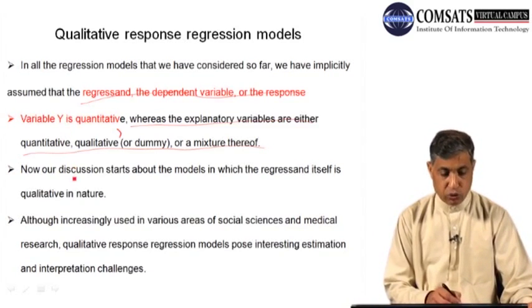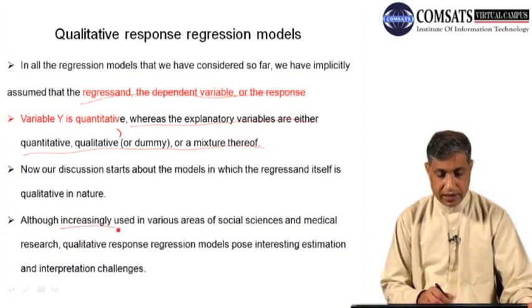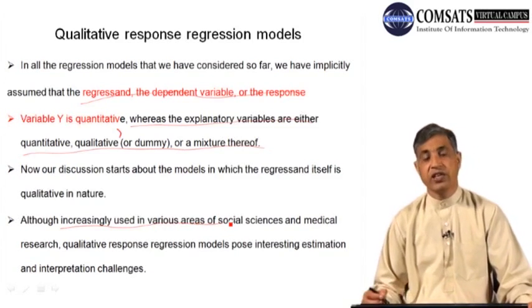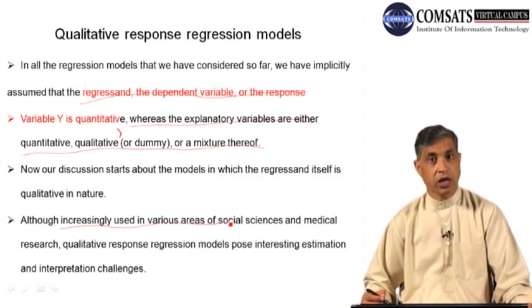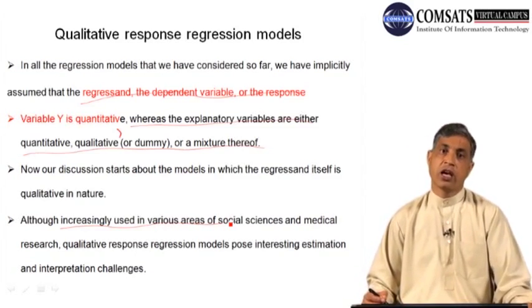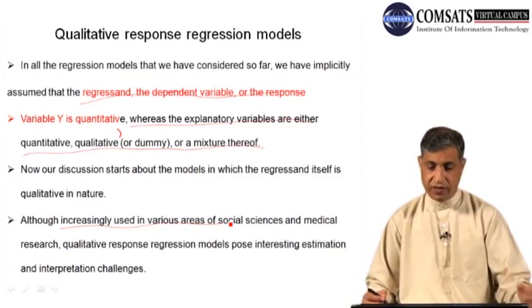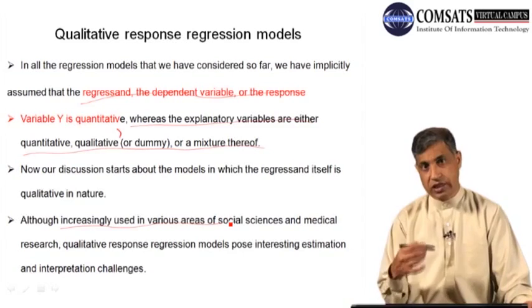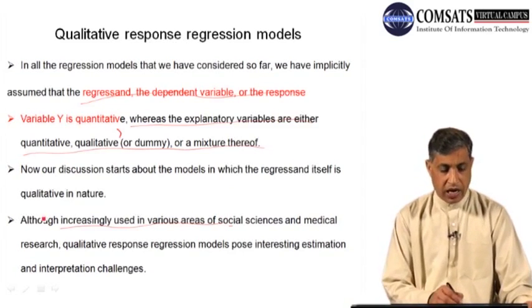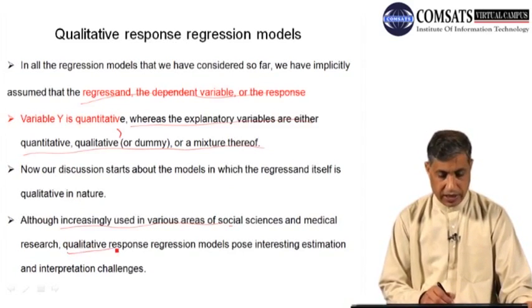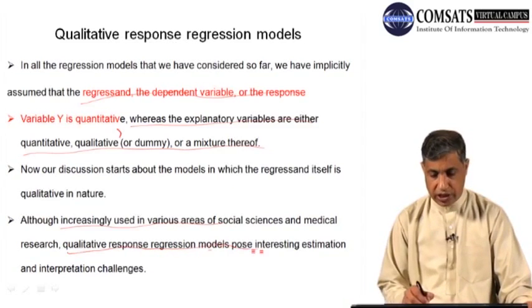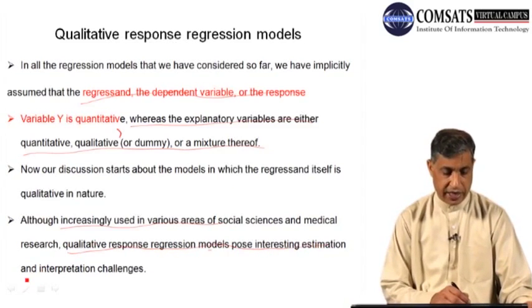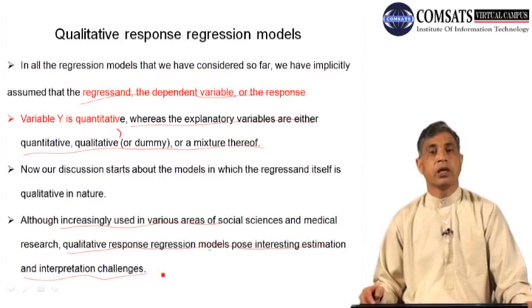These models are increasingly used in various areas of social sciences. All the social sciences are using this kind of regression model. Qualitative response regression models pose interesting estimation and interpretation challenges.